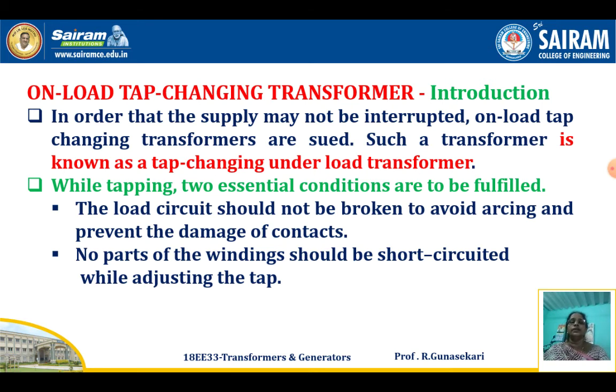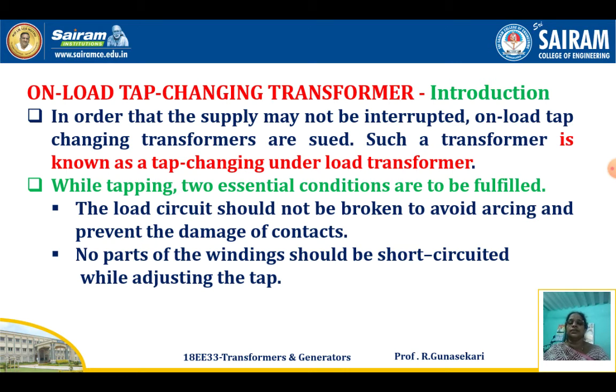Now, an introduction to the on-load tap changing transformer. In order that the supply may not be interrupted while the transformer is in service, on-load tap changing transformers are used. Such a transformer is known as a tap changing under load transformer. While tapping, two essential conditions are to be fulfilled.